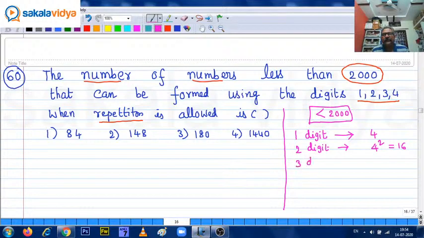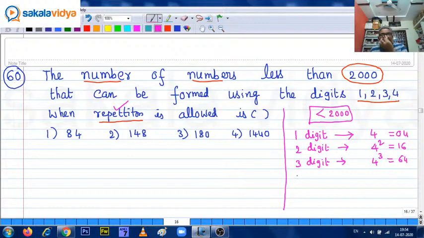Next, 3-digit numbers means 3 places with 4 choices, repetition allowed. 4 into 4 into 4, 4 cube, that will be 64. So this is equal to 4.